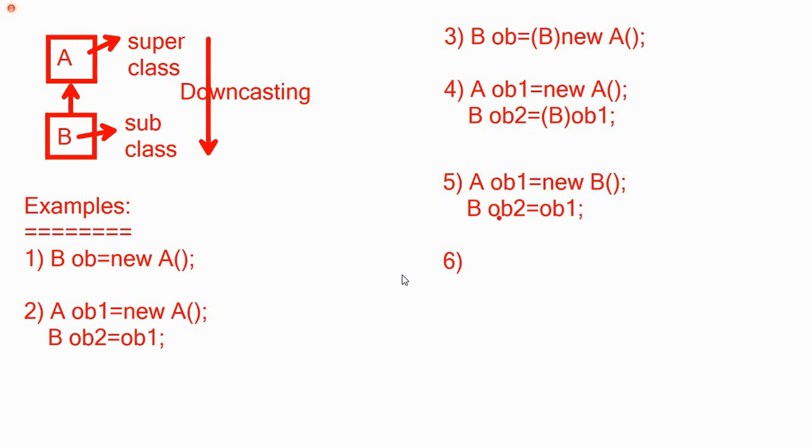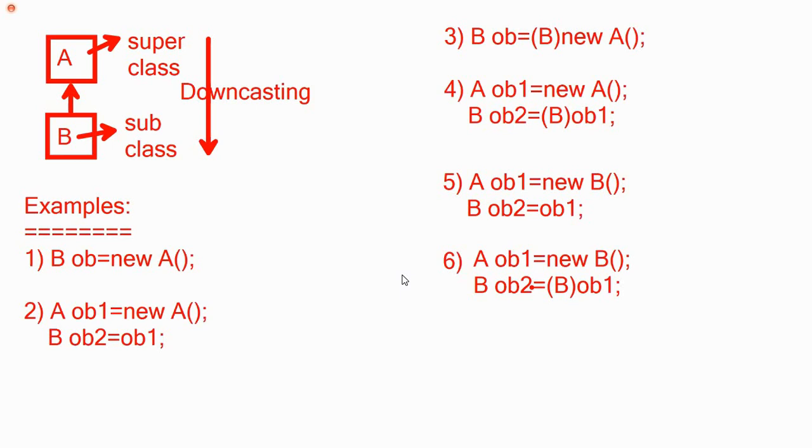OB2 which type? B type. It is downcasting. But downcasting must be done by the programmer explicitly, no? It is also not valid. Now, A OB1 equal to new B. B OB2 equal to, in the brackets, B, OB1. It is valid.